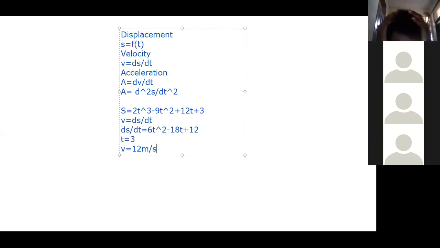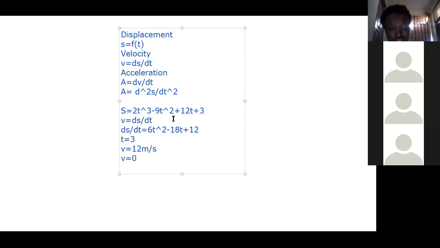Yes, sir. So B says when and where the particle is momentarily at rest. That means indirectly it's saying when the particle comes to rest. When the particle comes to rest, velocity will be equal to 0. So v will be equal to 0.